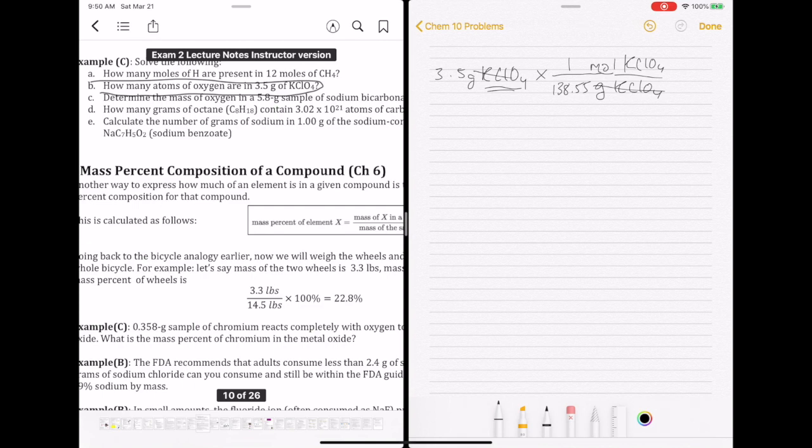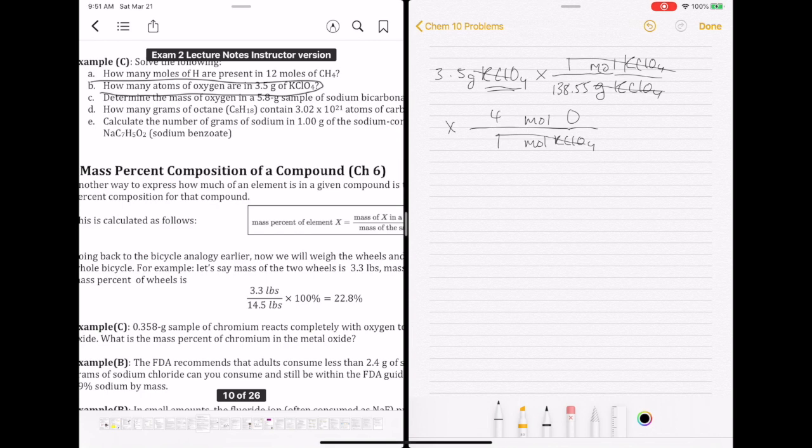Now I'm going to have to multiply this by something that would cancel out my mole of KClO4 and take me to oxygen. So it's going to be a relationship between oxygen and KClO4. Well, given the formula, there are 4 oxygen for every 1 KClO4. And so that's going to cancel out with this one right here.